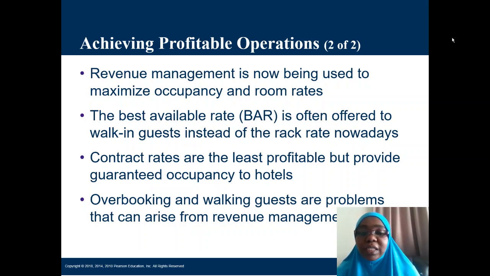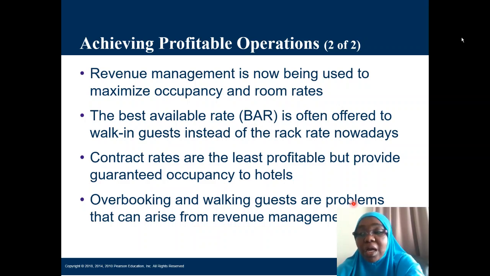Overbooking and walking guests are problems that can arise from revenue management. It is very important to note that overbooking can affect revenue management. Overbooking is when hotels allow people to book more than the available rooms, with the anticipation that some might still decide to cancel their booking.